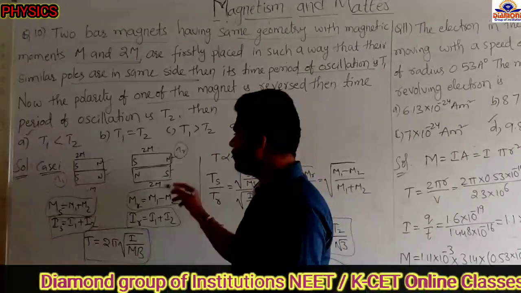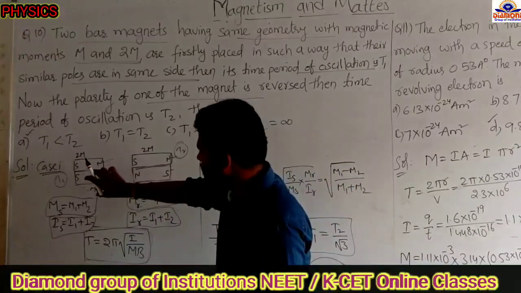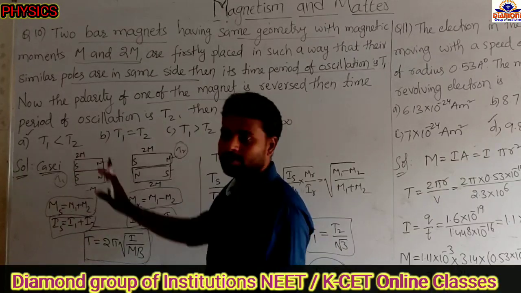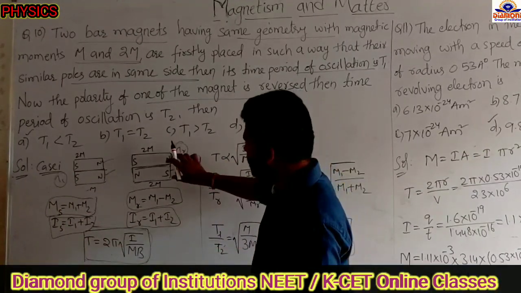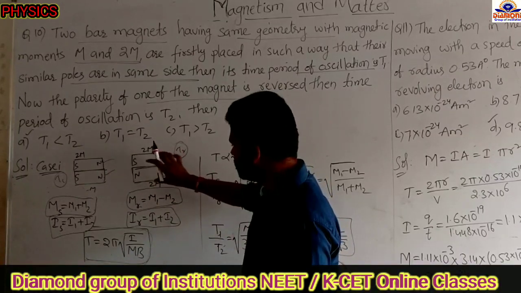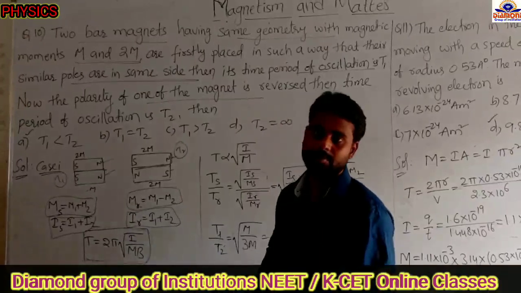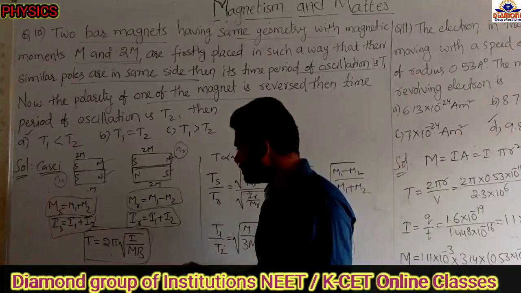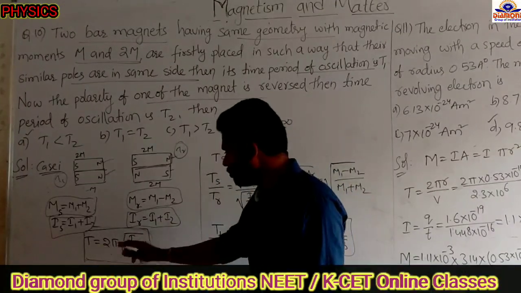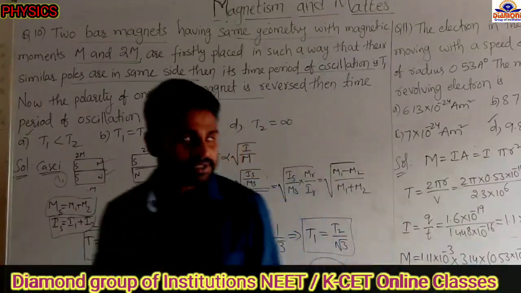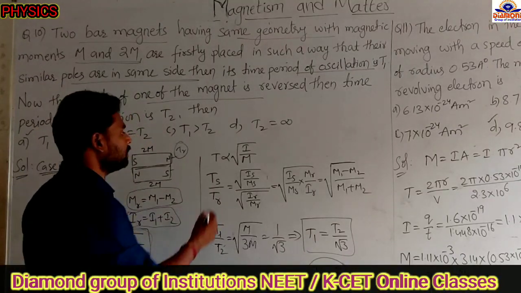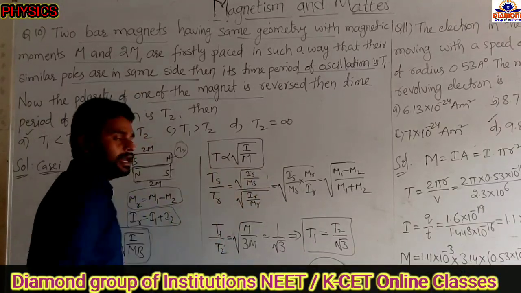So the moment of inertia is not changing, but the magnetic moment is changing. Then applying T equals 2 pi root of I by MB, we can write the relationship between the moment of inertia and magnetic moment: T is directly proportional to root of I by MB.